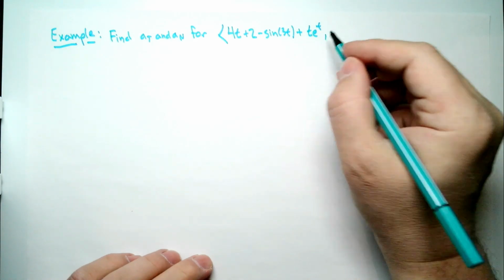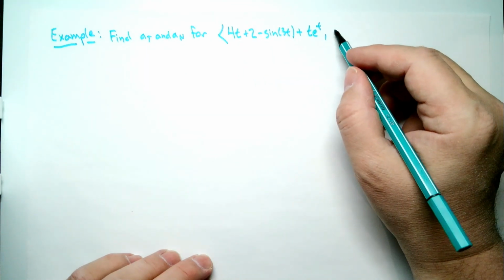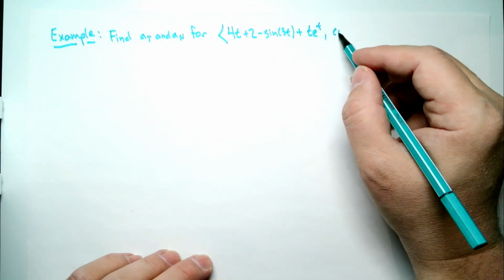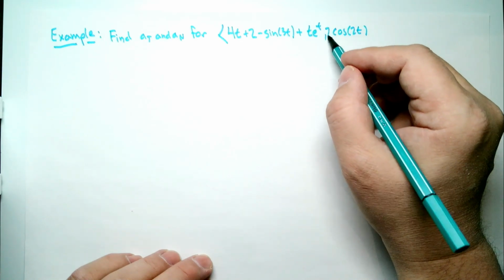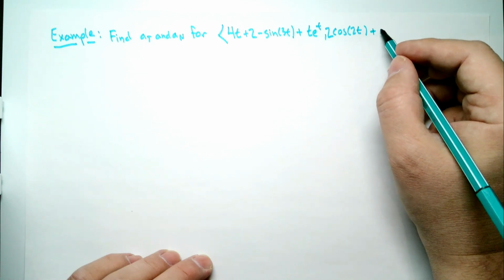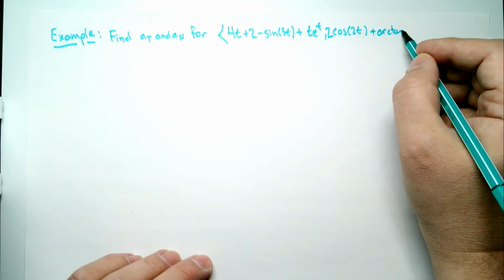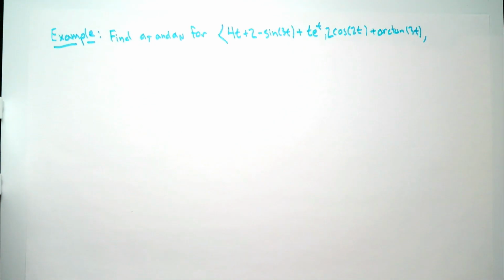So that's the first entry: 4t plus 2 minus sine 3t plus t e to the t. Then we'll have cosine of 2t. We'll put a 2 in front as well. And what else should we have? An arctangent of 3t. That's the last entry. Okay, the second entry, the third entry.